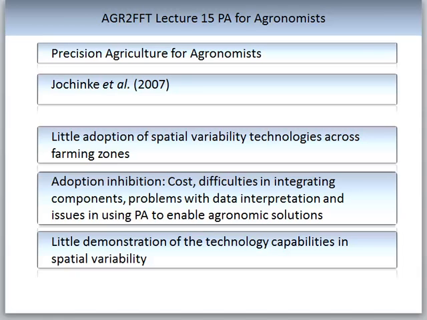They found that this inhibition was due to cost, difficulties in integrating components, problems with data interpretation, and issues of using the spatial information to enable agronomic solutions. One of the reasons for this inhibition of adoption was shown to be that there was little demonstration of the technology capabilities in spatial variability.